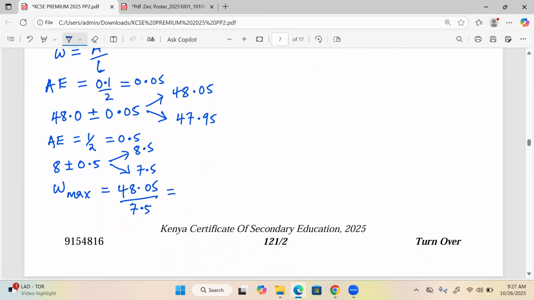When dividing, we use a numerator which is the biggest, but the divider should be the smallest for the answer to become maximum. So now this gives me 6.407.